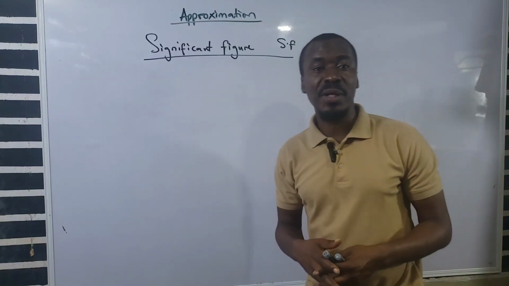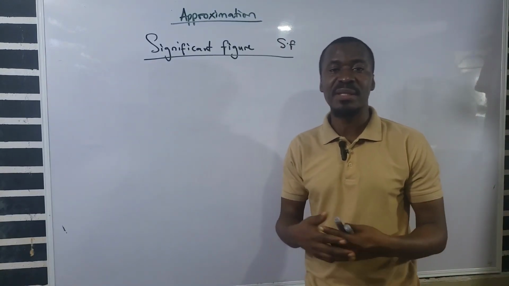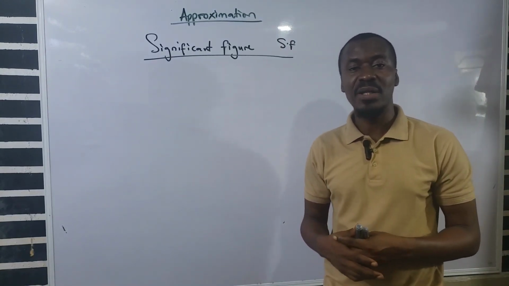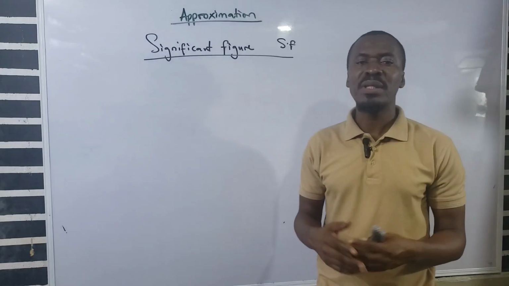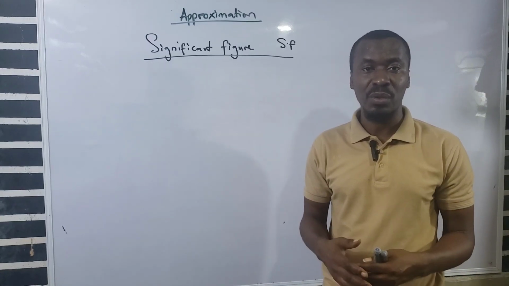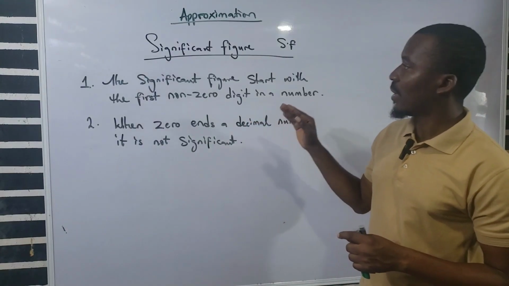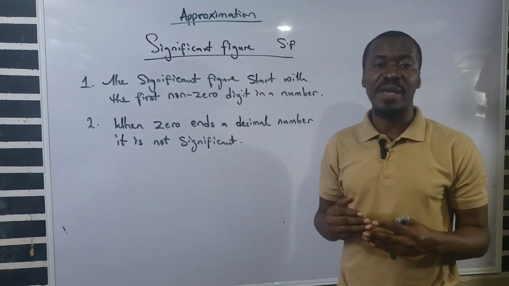In significant figure, we will be asked to approximate or estimate a particular value to a particular number of significant figures. So what are the things that we need to understand about significant figure? When dealing with significant figure, these are the two things that we need to have in mind.